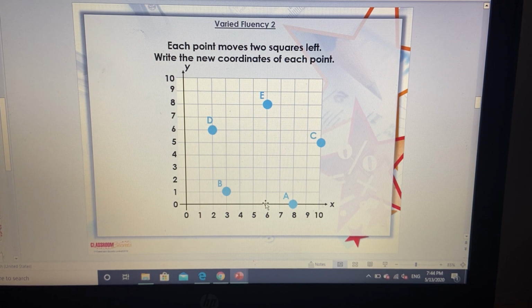And again, if we were to look at B, we'd go along and say that we reached 3, and then we're going up 1, and then we need to move 2 squares to the left, so we go 1, 2. So the new coordinates for B would be 1, 1.